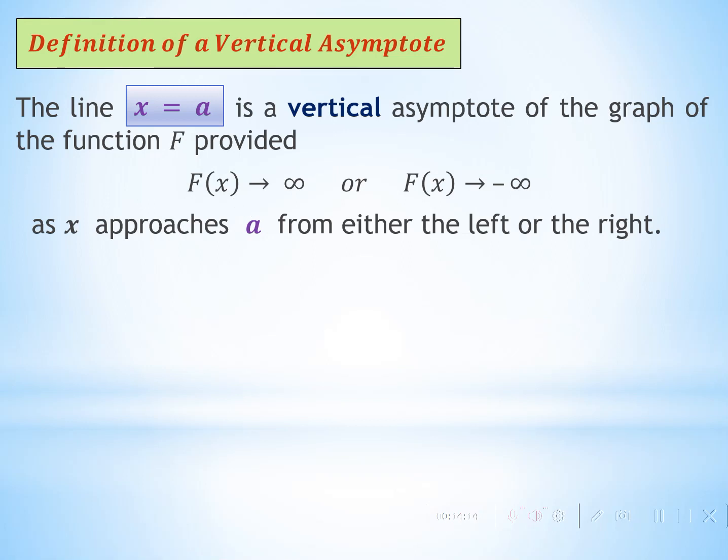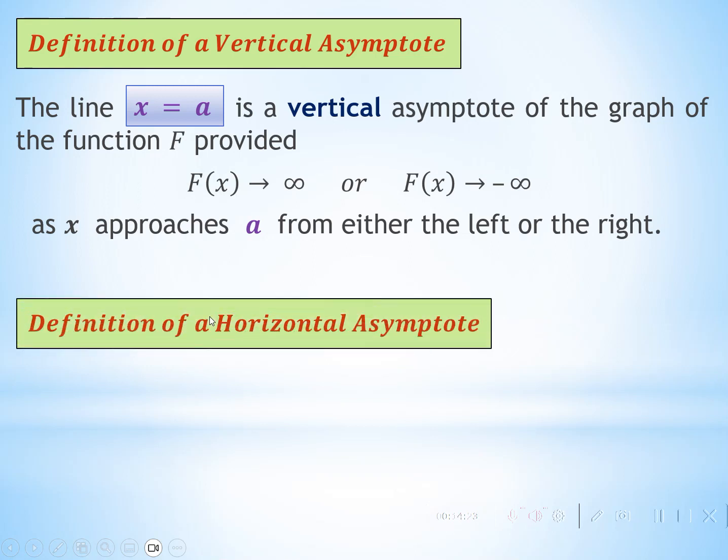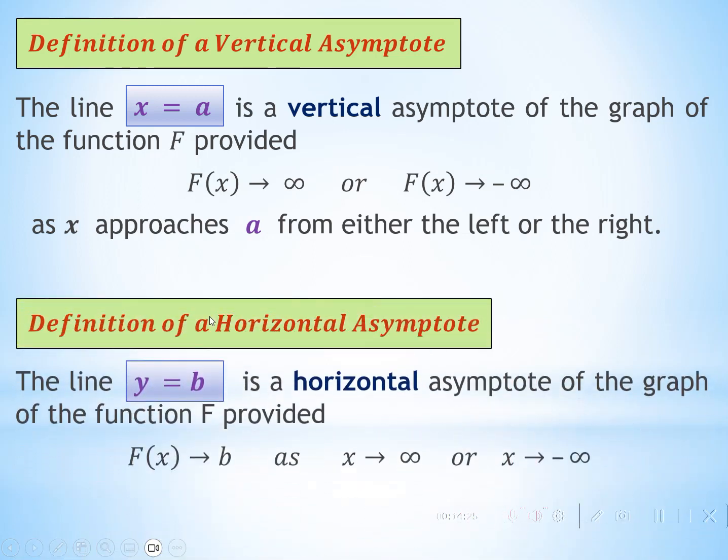And the definition of the horizontal asymptote will exchange the function and the point. Let's see. The line y equals b is a horizontal asymptote of the graph of the function f, provided f of x tends to b as x tends to infinity and or x tends to minus infinity. Here the point and the function exchange.